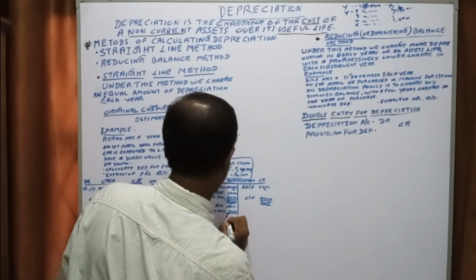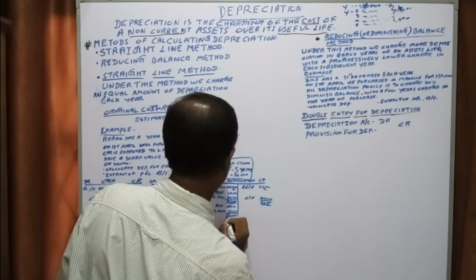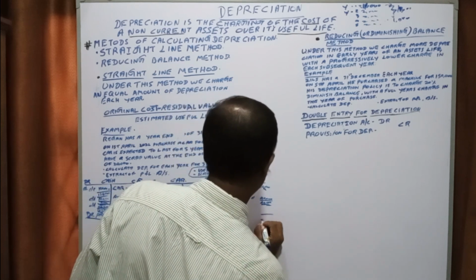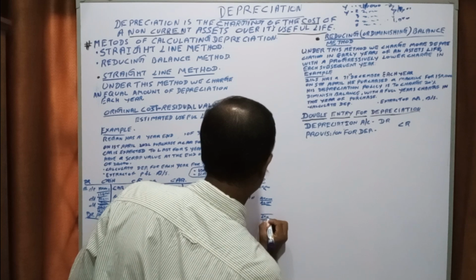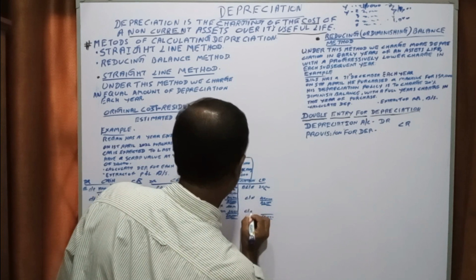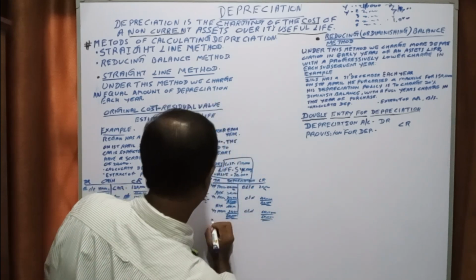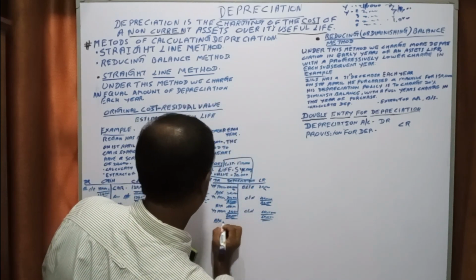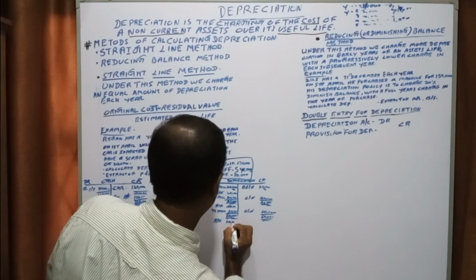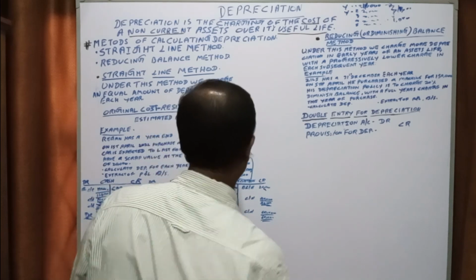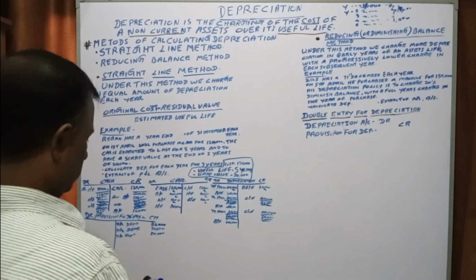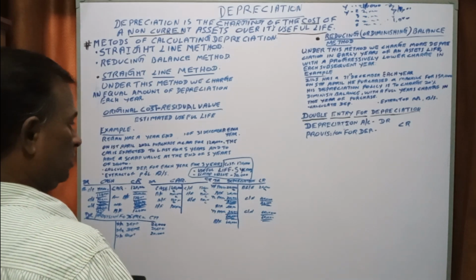And we're getting the balance of 60. Then this 60 is going to appear here. Here carried down balance is 60 and brought forward balance is 60. Okay. Brought forward balance is 60,000.